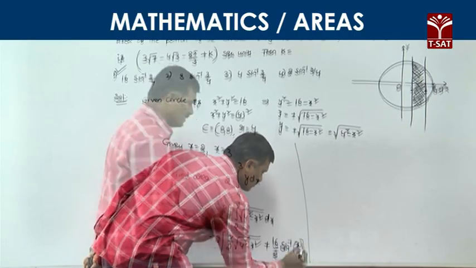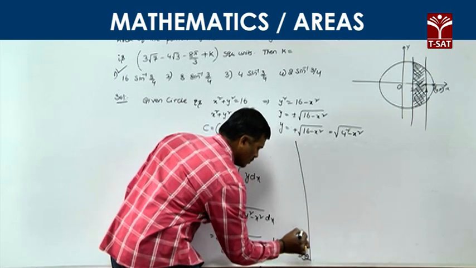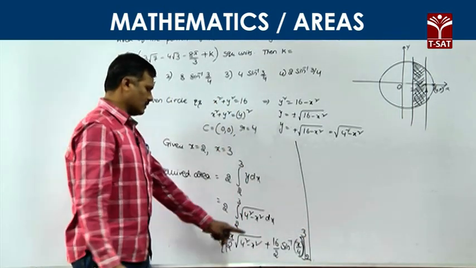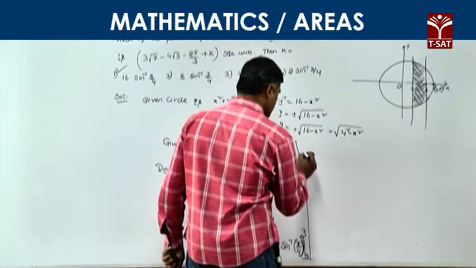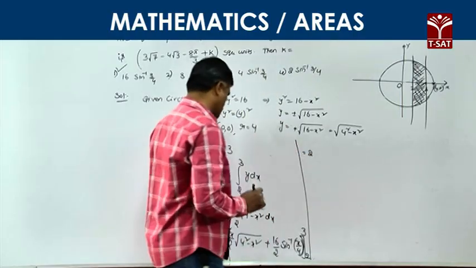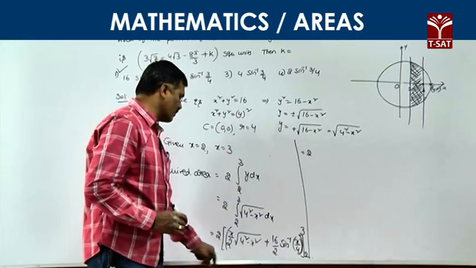Here a is 4, so a square is 16. Limits 0 to... sorry, limits 2 to 3, not 0. A small correction here. Limits 2 to 3. That is equal to 2 into, first apply the upper limit.